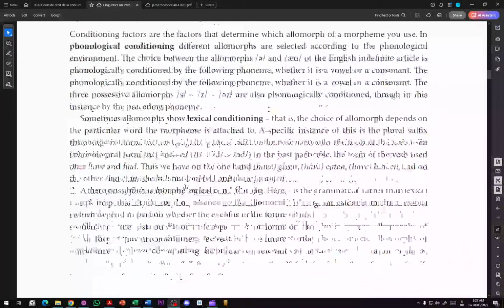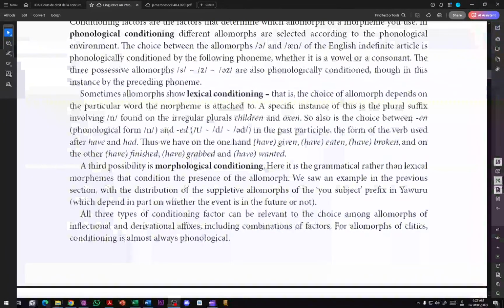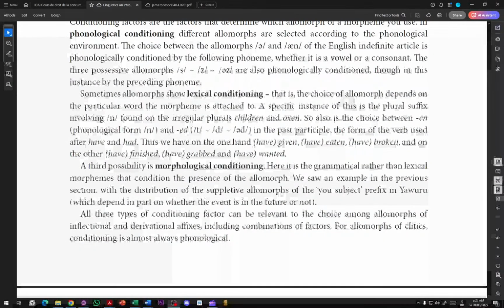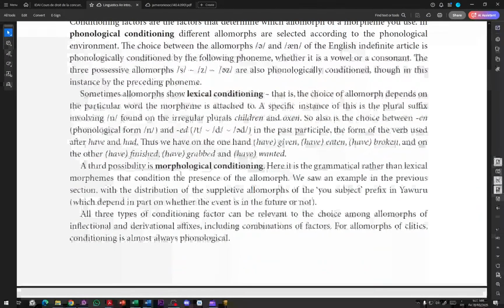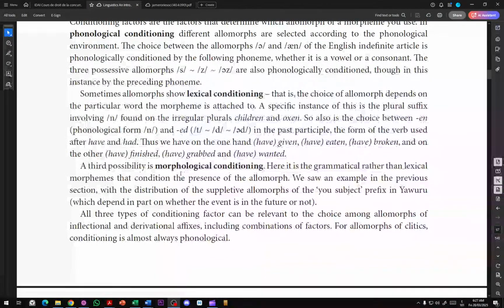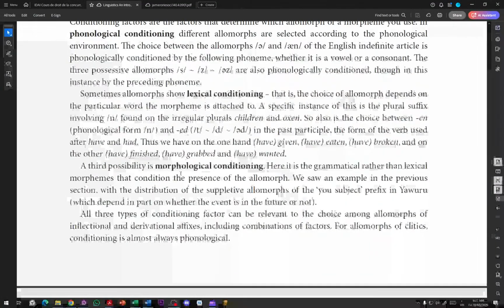Enough. All three types of conditioning factors can be relevant to the choice among allomorphs of inflectional and derivational affixes, including combinations of factors.